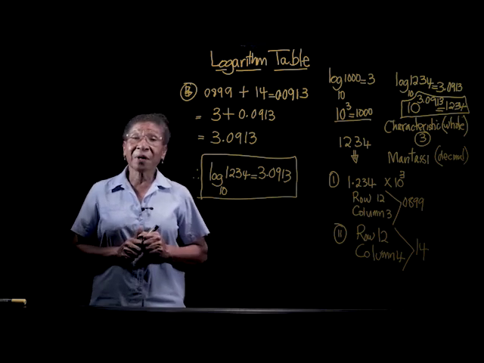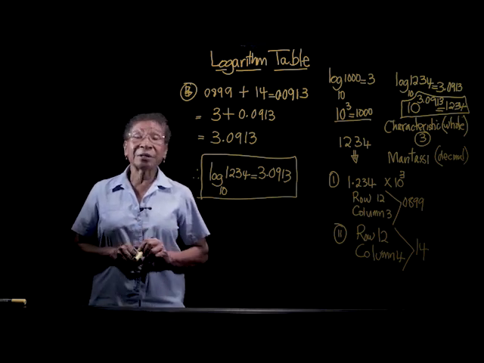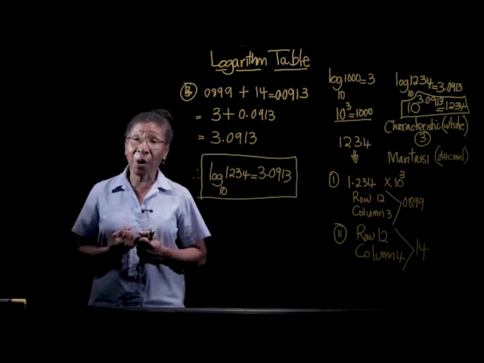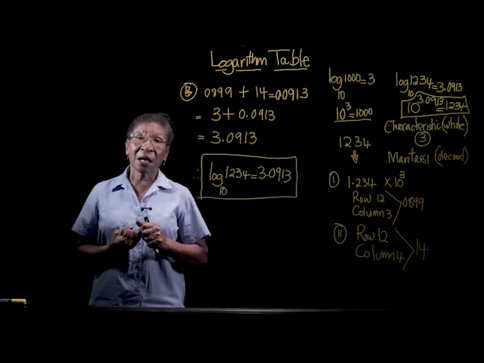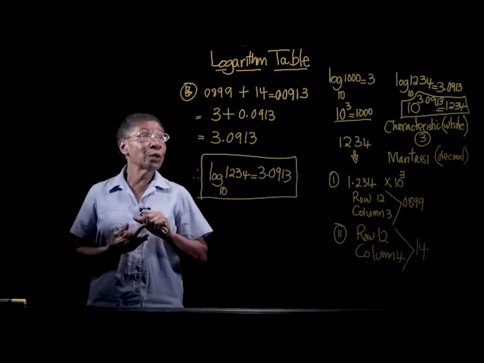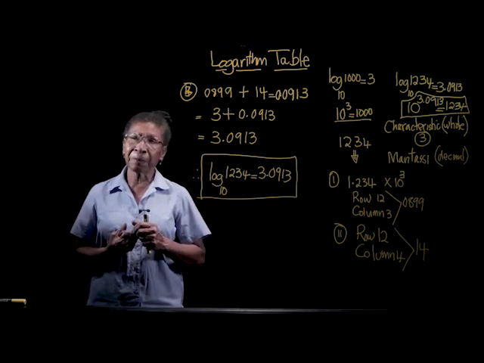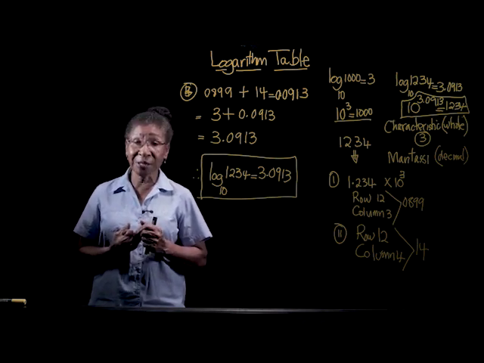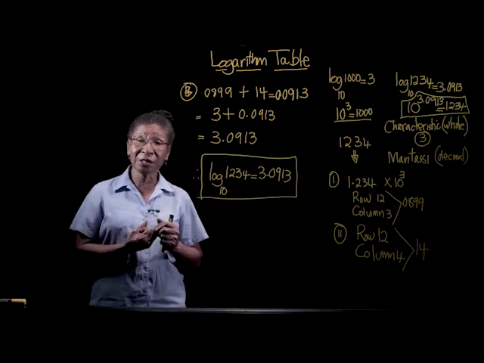Now, we have covered a number of lessons on logarithm. We covered logarithm properties, we looked at simplifying logarithm, we also looked at using logarithm to calculate equations, or logarithm equations.